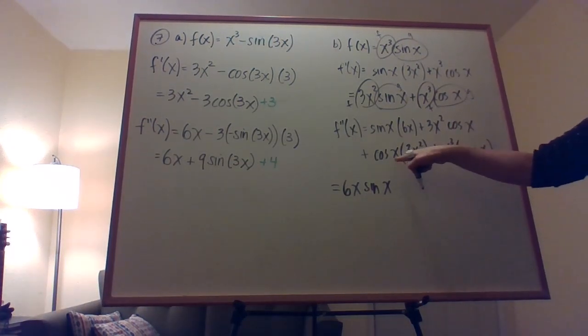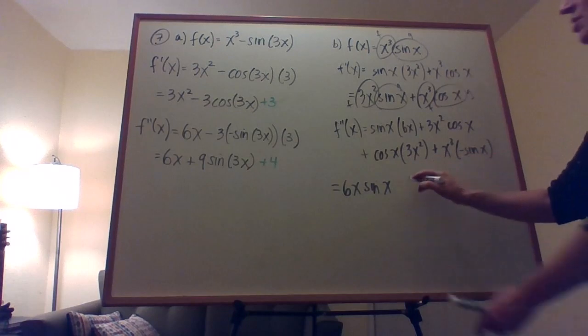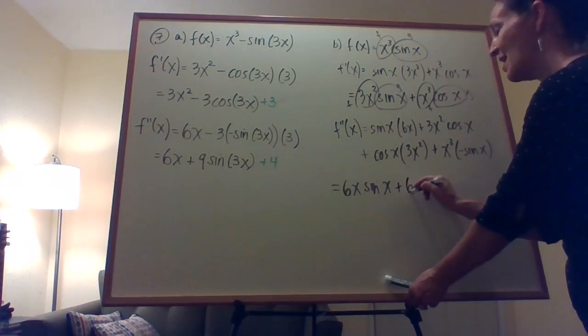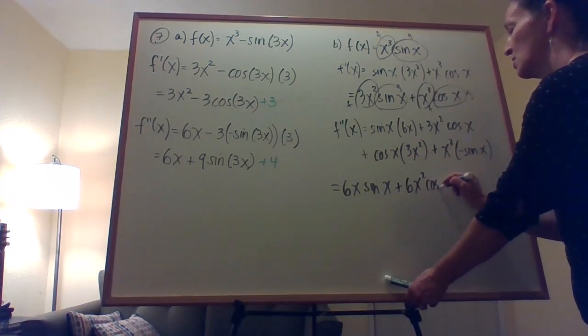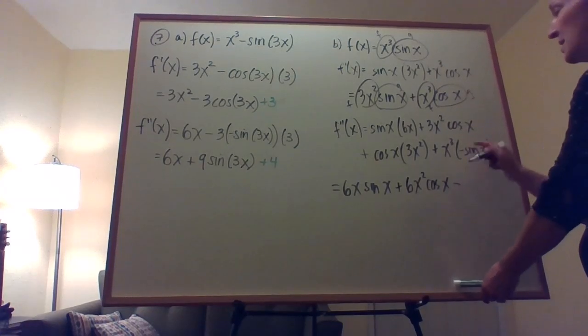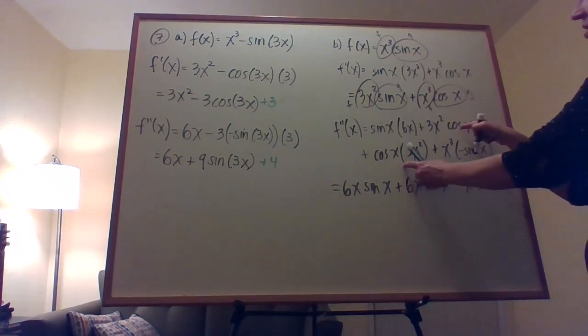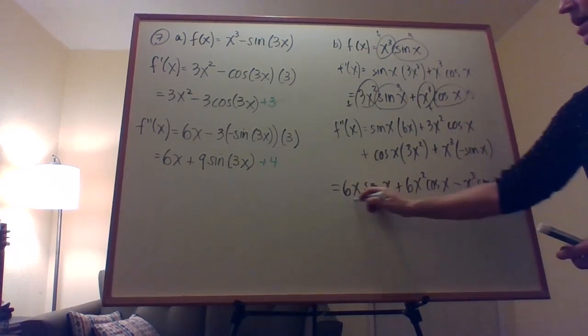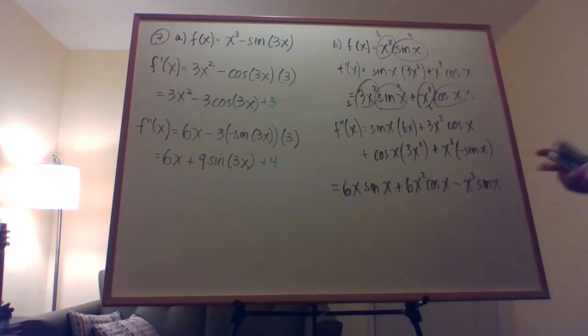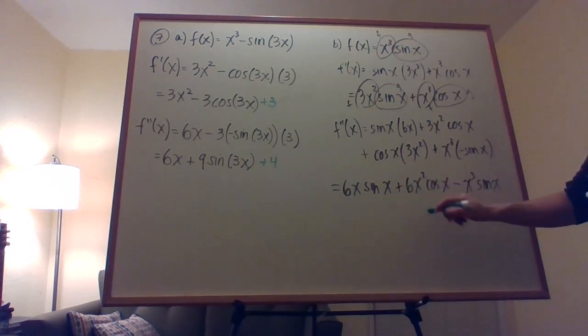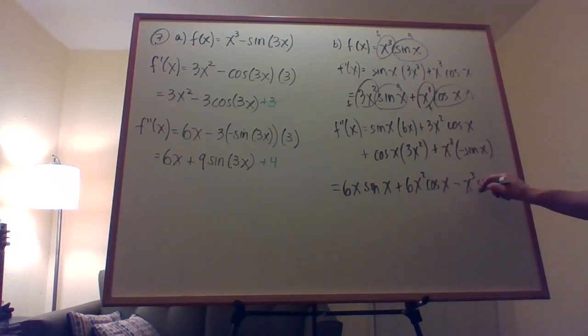Notice I have another 3x squared cosine x coming here, which means altogether I have 6x squared cosine x minus x cubed sine x. So there was one pair of like terms here, and I combined for a final answer for my second derivative of 6x sine x plus 6x squared cosine x minus x cubed sine x.